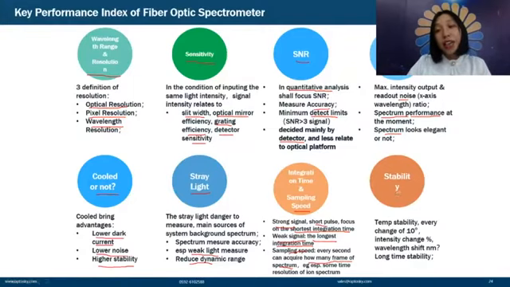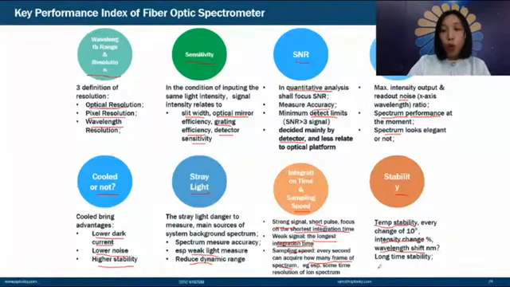So finally is the stability. When we mention stability, we also always mention temperature stability. For every 10 degrees change in temperature, we can see how much percentage the intensity changes. And we also ask how many nanometers the wavelength shifts.